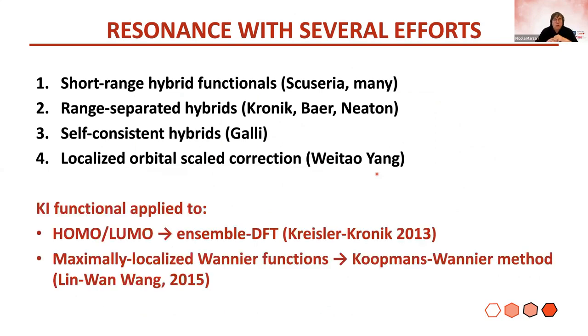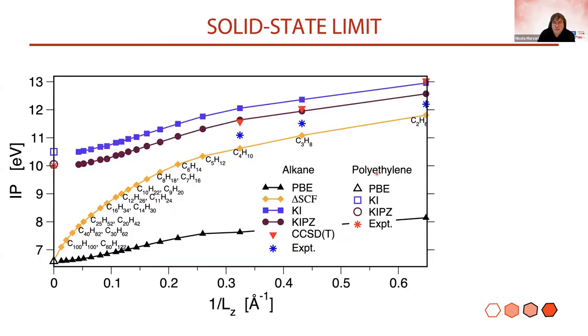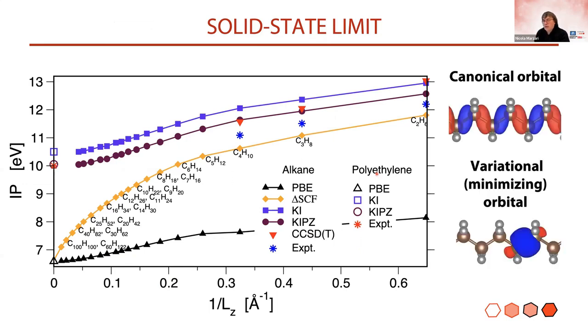And maybe let me conclude, and this very much also fits in the next talk about Leeor Kronik. There are a lot of synergies and resonances here with the work that they have been doing and the work of many other colleagues in the field. Let me just conclude with one statement: as we go in the solid state limit, this functional keeps working very well because the orbitals that minimize this functional are actually localized.